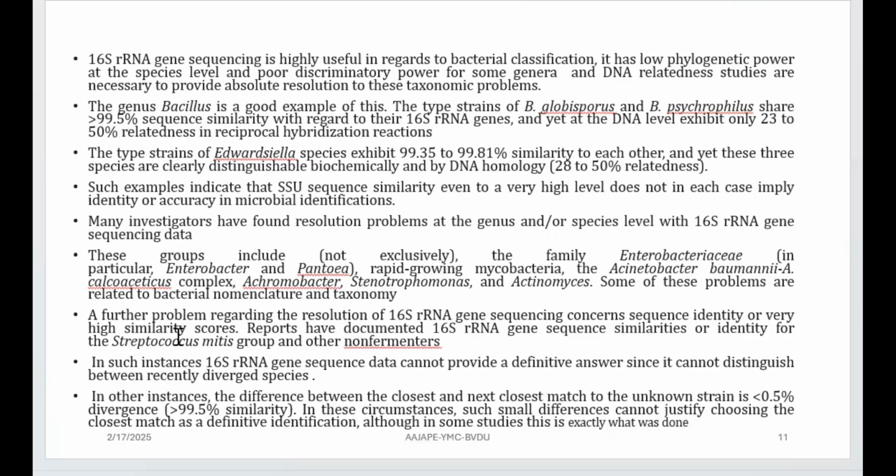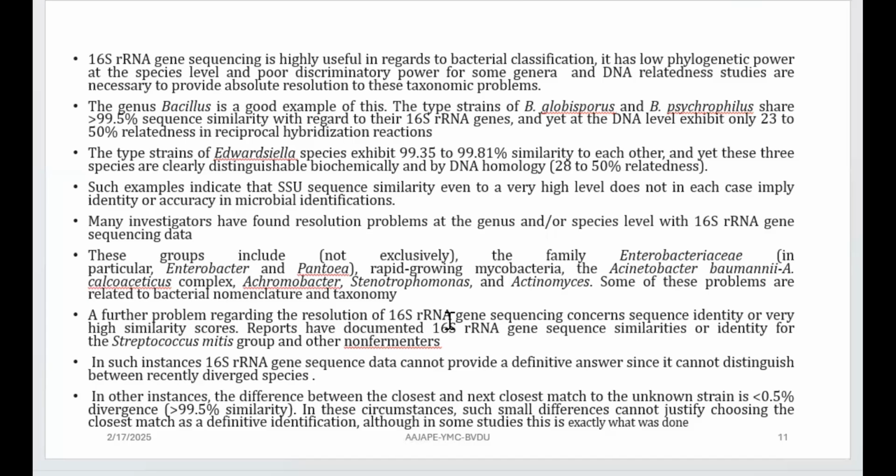Streptococcus mitis shows similarity with non-fermenting bacteria when the method uses 16S rRNA sequencing. We know how the Streptococcus mitis group and other non-fermenters can be related to each other, right? But such similarities are shown when we go for 16S.